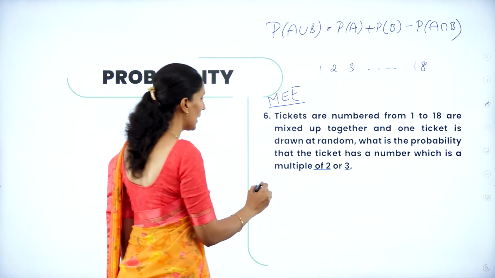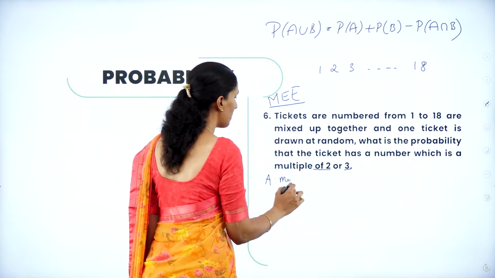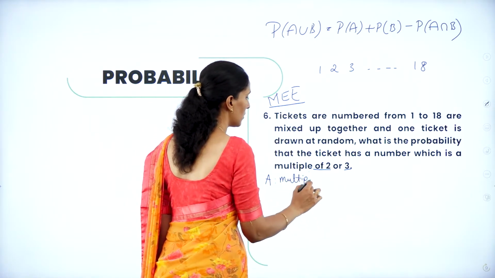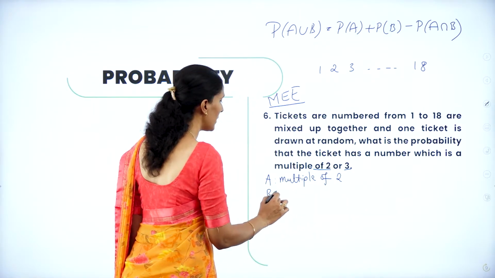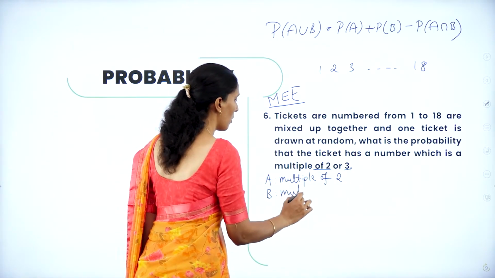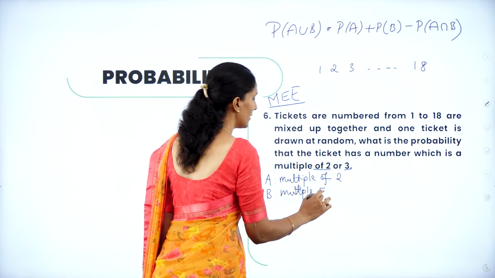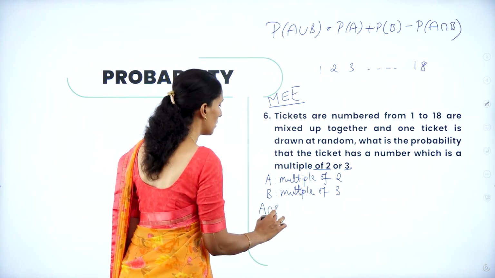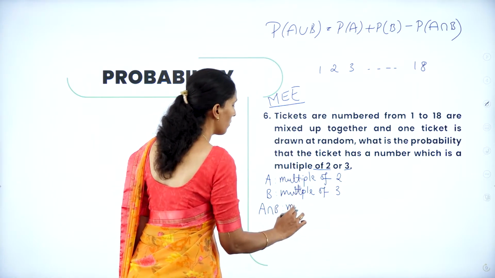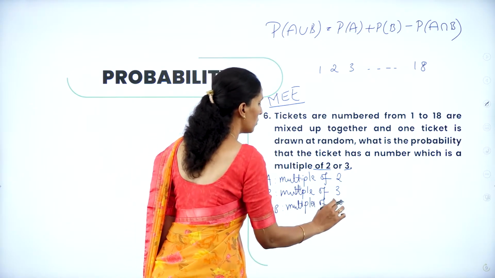So let me choose an event A as multiple of 2. Let me choose an event B as multiple of 3. So we can also find multiples of 2 and 3.